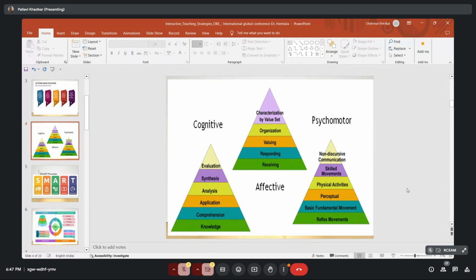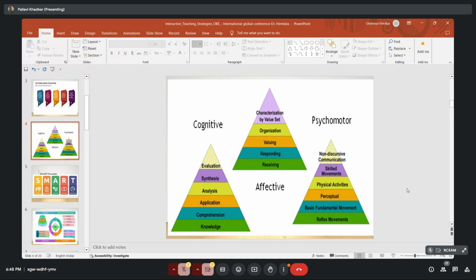In the same way, it is not only the cognitive domain that we have to achieve, but we have to also look at the affective side of the students, which is very, very important in classes nowadays. And the last is psychomotor. They should be using their skills, which is very important as per NEP and as per RUSA also.